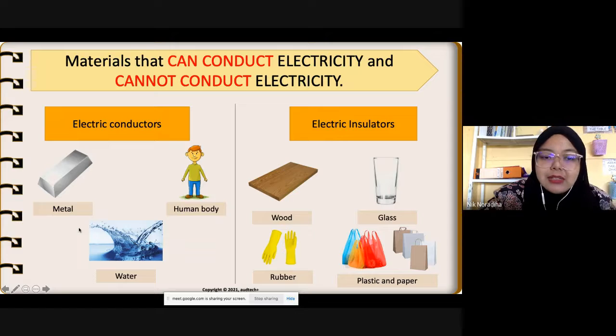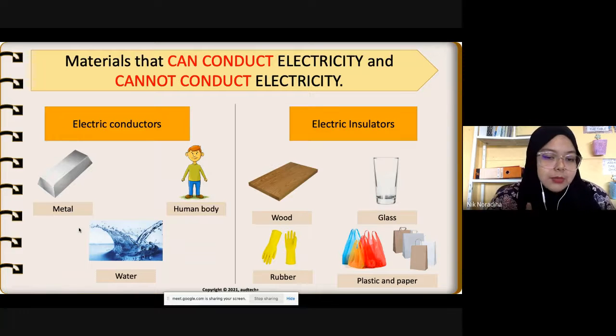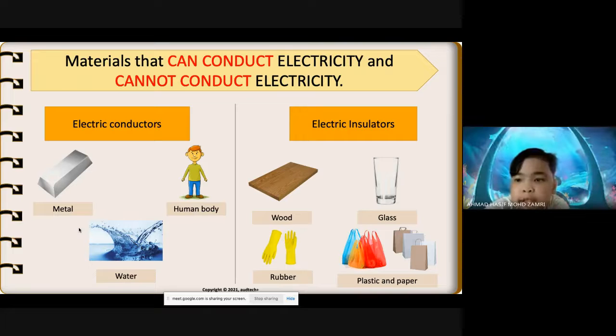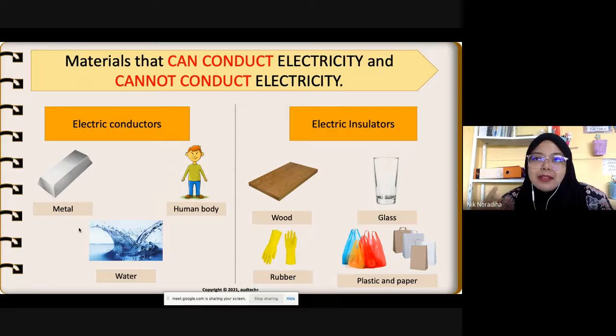So for electric conductors, we have metal. Our body, human body, is electric conductors. That's why people said that after you're done taking your bath, while your hand is still wet, do not touch any electrical appliances, or do not go near to any switch.